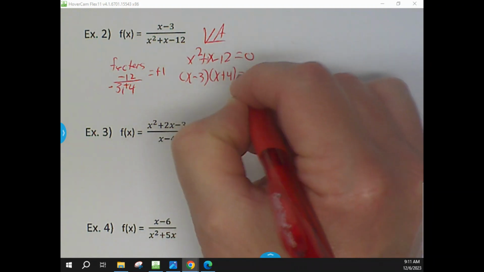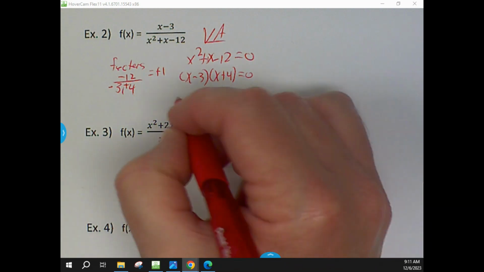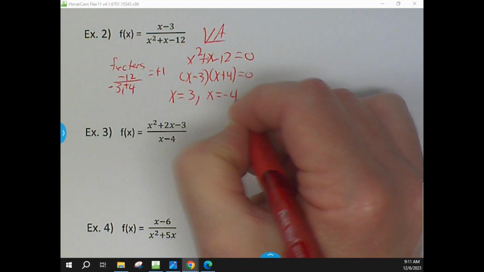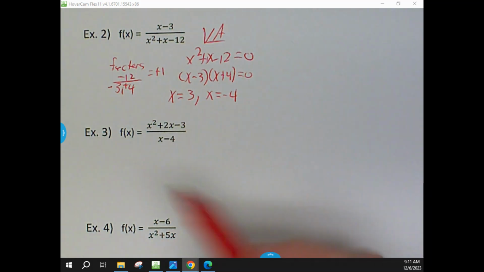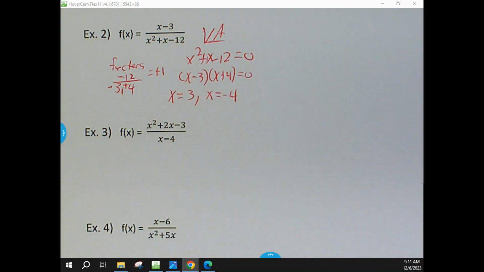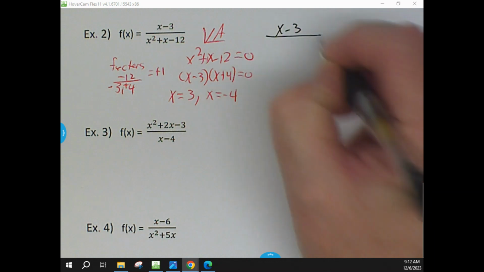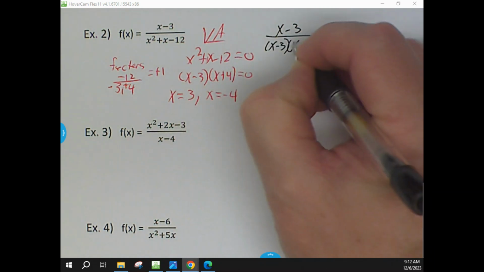So if we factor out that denominator, we've got that. Setting each one of these equal to 0, we're just going to change those signs, so we get x equals 3 and then x equals negative 4. Now basically what we've got to think about here is that the numerator is x minus 3 over x minus 3 and x plus 4, right?